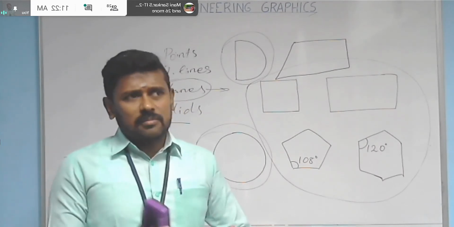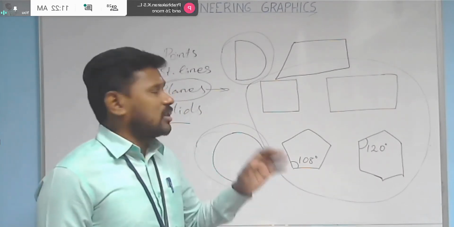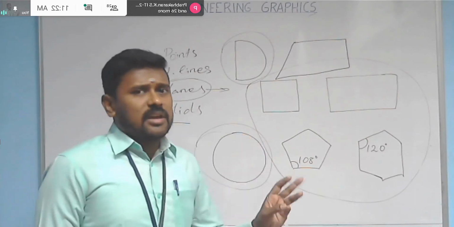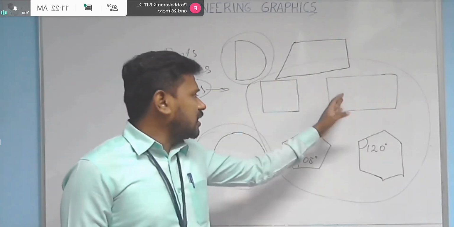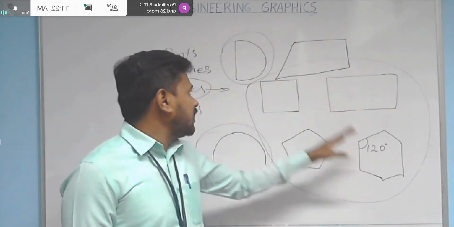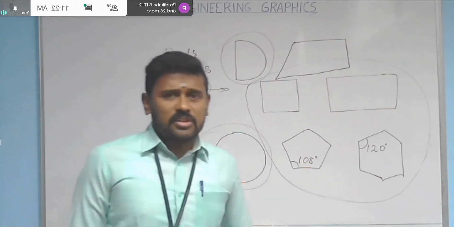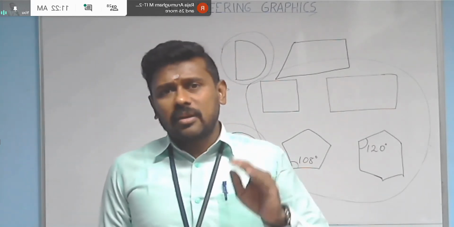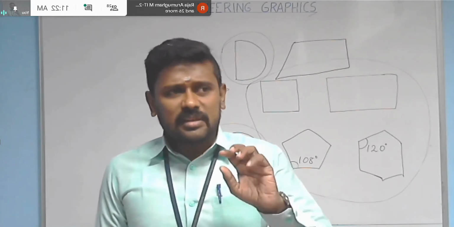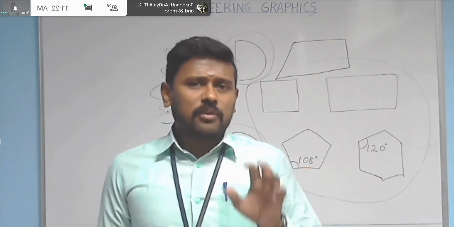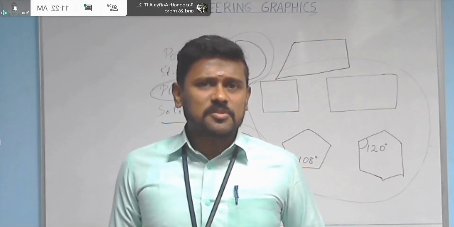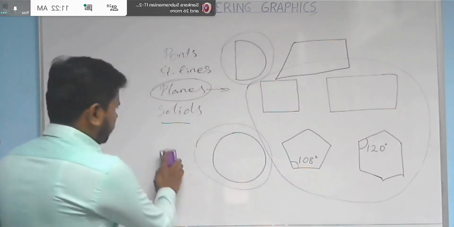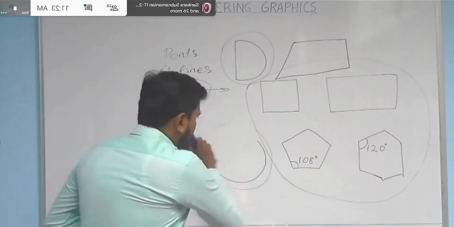We have some limited discussion only. We are going to draw the projections for triangle, square, rectangle, pentagon, hexagon, and circle. Within that we are going to see how to draw the front and top views, and we are going to have some basic positions. From those positions only we are going to discuss problems.